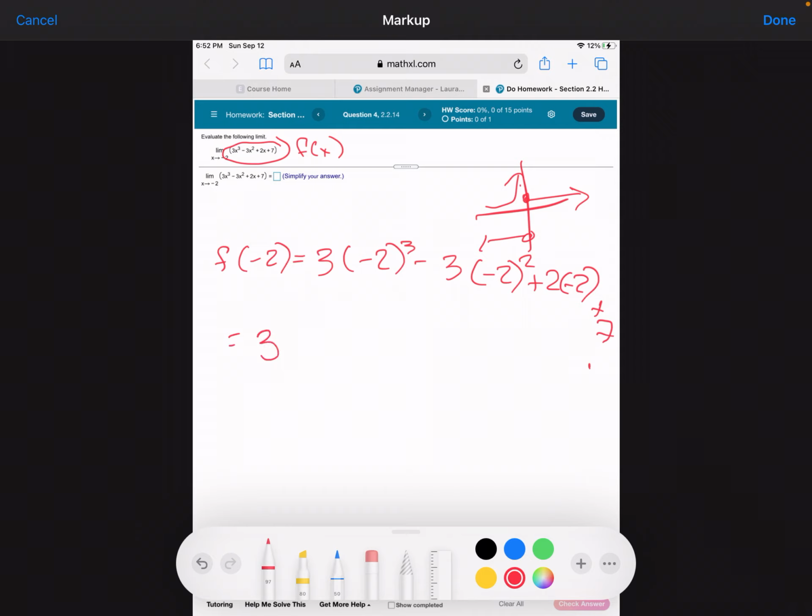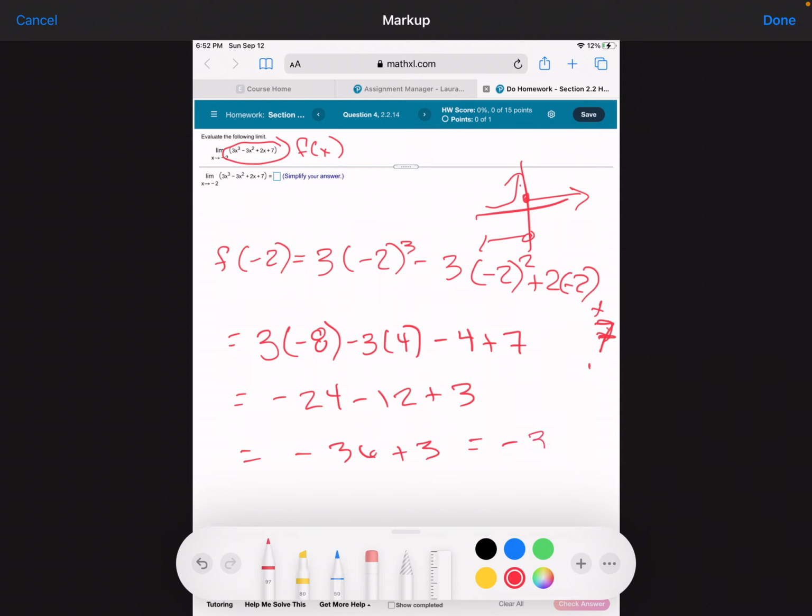So this would be 3 times -8 minus 3 times +4, and then that would just be a -4 and a +7. So sorry about my 7 here. It looks funny. Again, we're just plugging in the -2. So this is -24 minus 12 plus 3. Oh my goodness, -36 plus 3, which is -33.